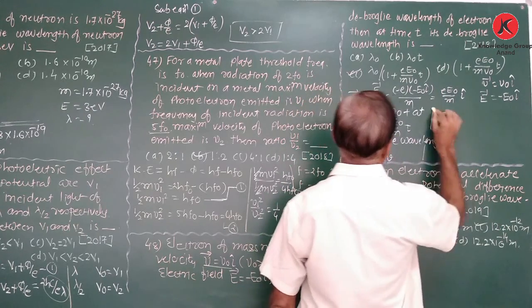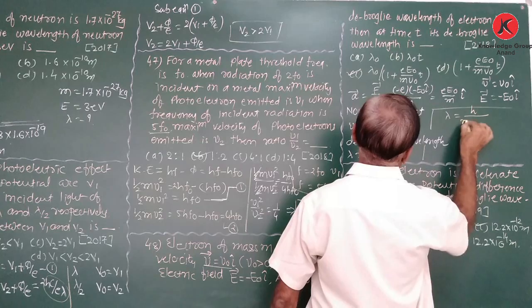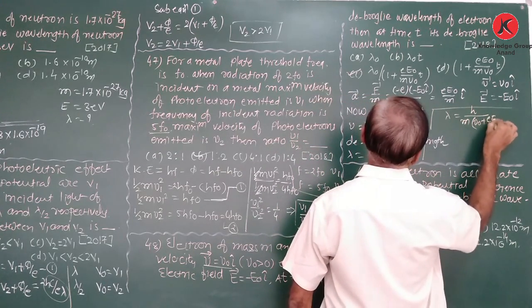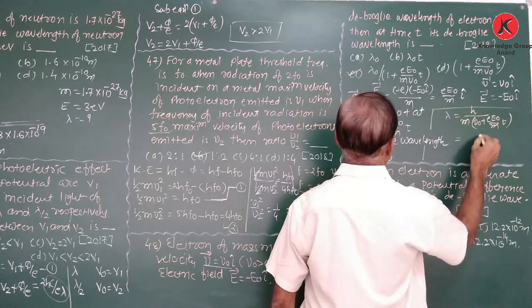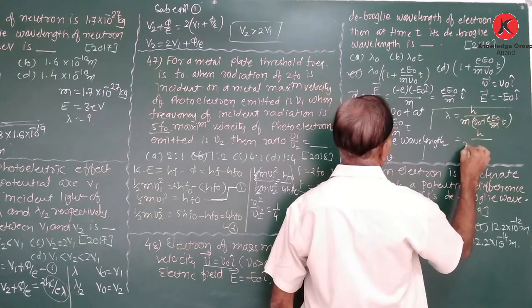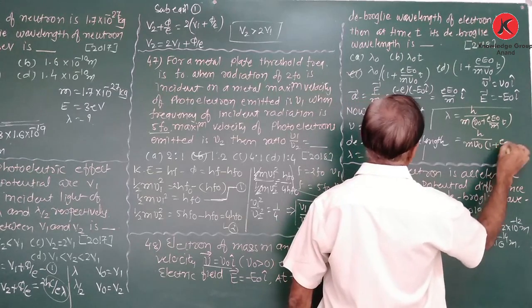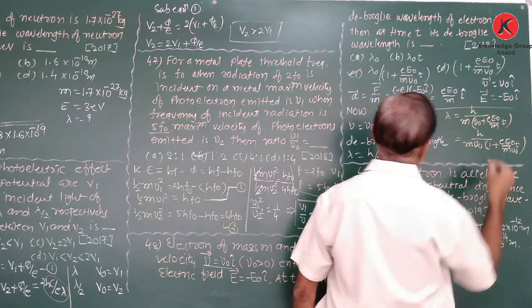Therefore, the de Broglie wavelength lambda is equal to h upon m into velocity, v0 + e E0 upon m into t. So we can write it this way. Here v0 is taken common from the bracket in the denominator: m v0 into 1 + e E0 upon m v0 t.